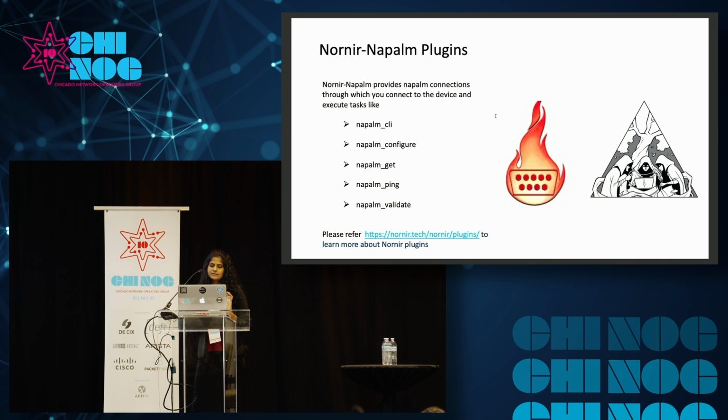So we can use those APIs in this task. And napalm_ping is to ping and get the output of the reachability of the destination address. You can also validate the configuration of the device with the config which you have on your local machine. To learn more about the Nornir plugins, you can check out this link in this slide.